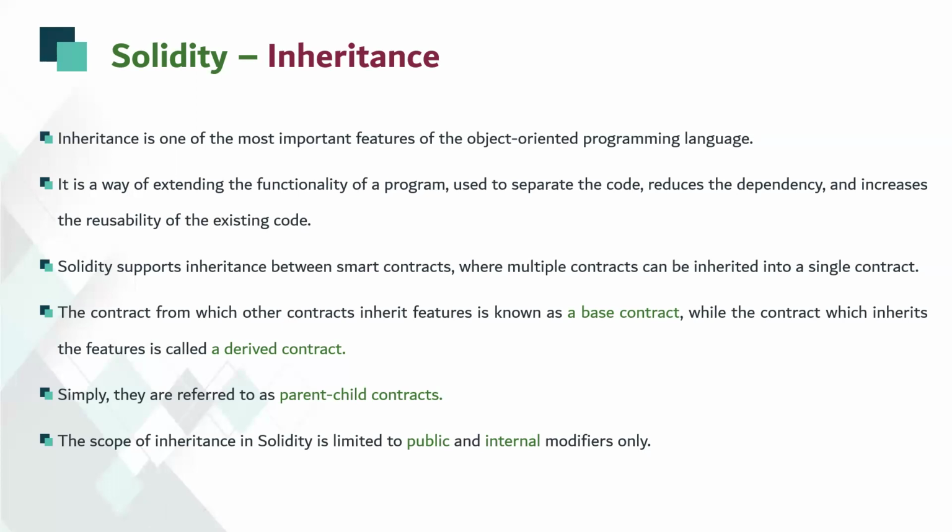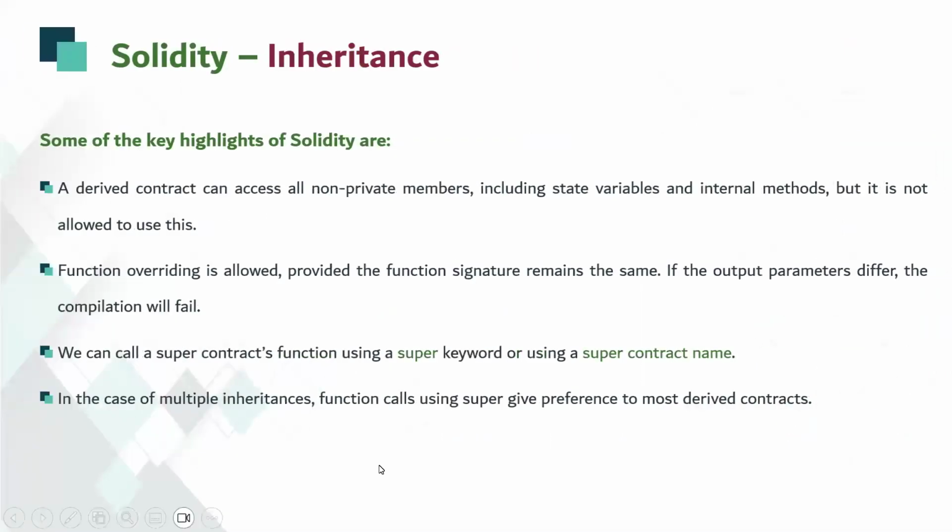It's important to note that the scope of inheritance in Solidity is limited to public and internal modifiers. This means that a derived contract can access all non-private members, including state variables and internal methods, but it cannot use this keyword.